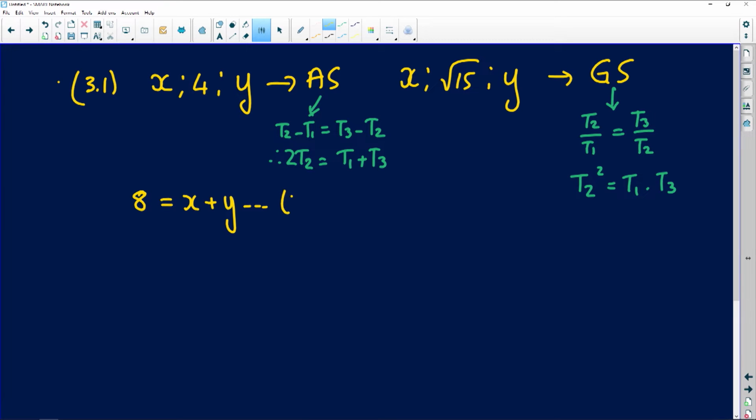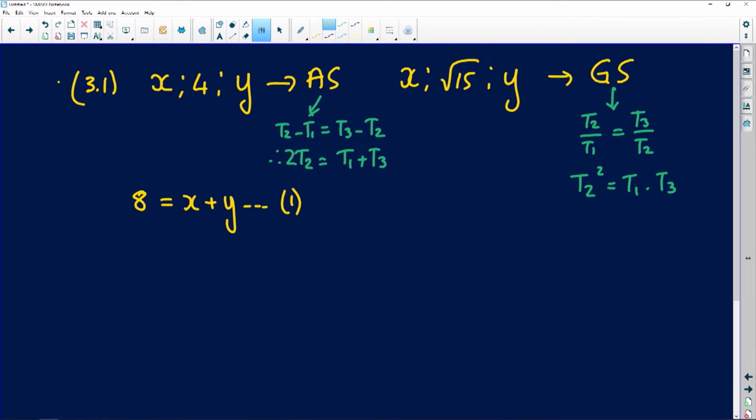And this is the first equation I'm going to come back to. Term 2 is the root of 15. If I square the root of 15, all that happens is the square root disappears. So root 15 all squared is 15. So let's put it in there. We have 15, which is equal to term 1 times term 3, so x times y. And there's our second equation.